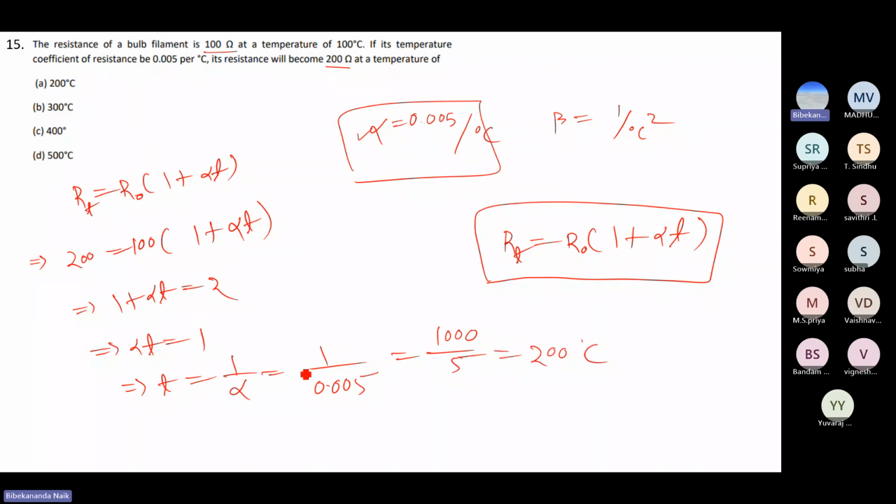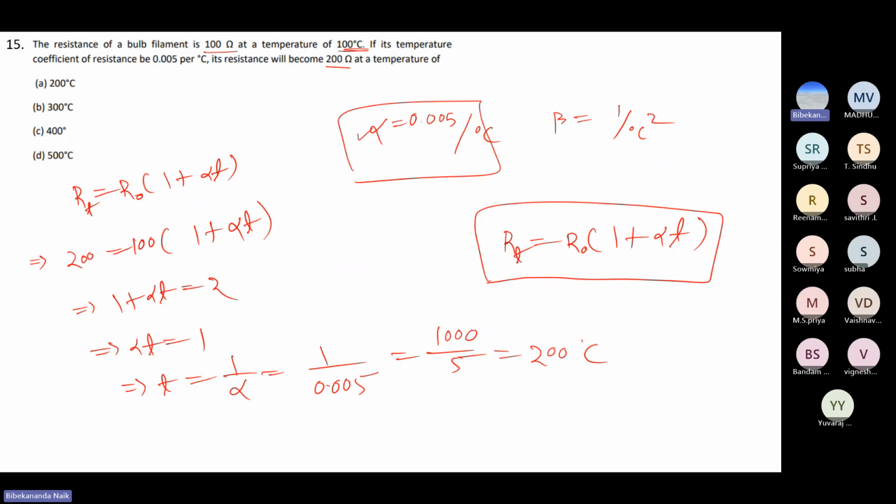So this is 200 when we have considered R0 as the initial value. So at the initial temperature of 100 degrees Celsius, the resistance is 100 ohm. So when the resistance becomes 200 ohm, the increase in temperature is 200 degrees Celsius.